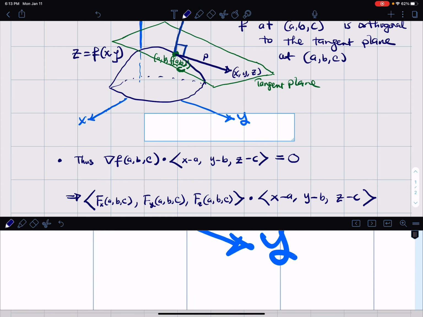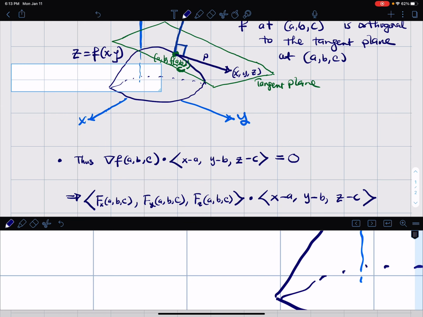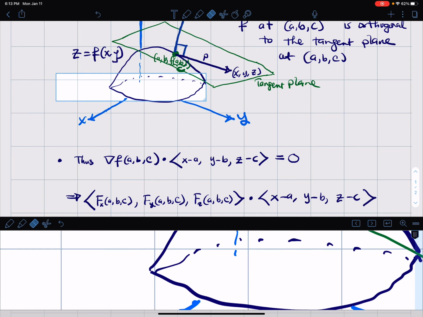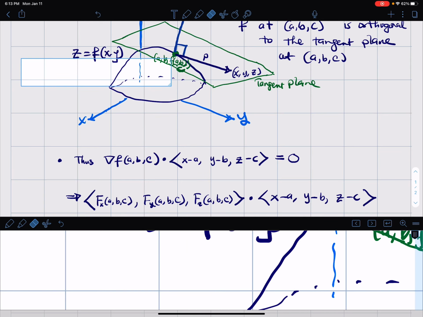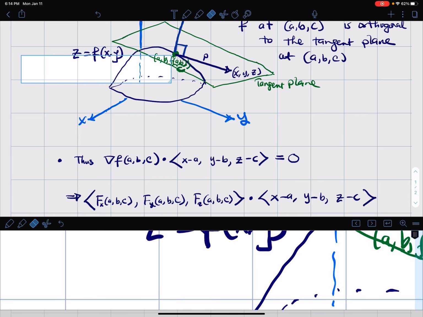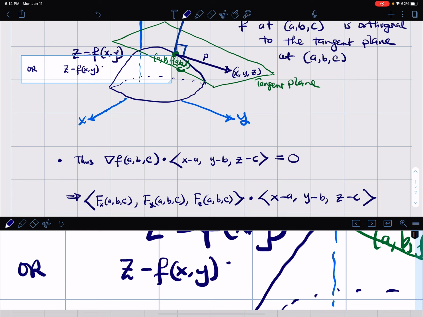And think about it. What is F now? Capital F. We can let F be the function. We can rewrite this as z equals f of x, y, or z minus f of x, y is equal to 0.